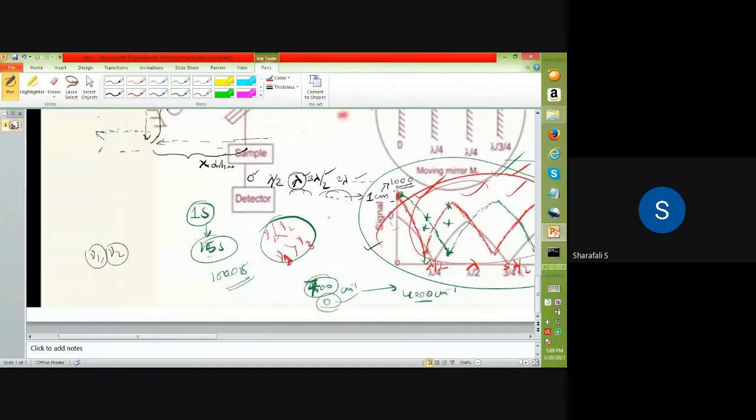Sometimes we can call these positions also. This corresponds to the zero path difference position. Okay. So you can take that as OPD, meaning optical path difference.